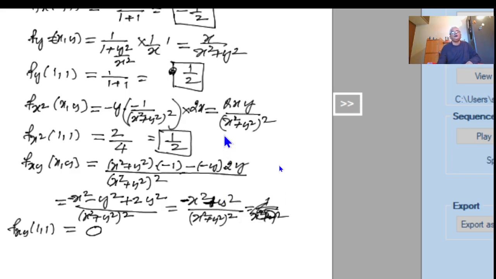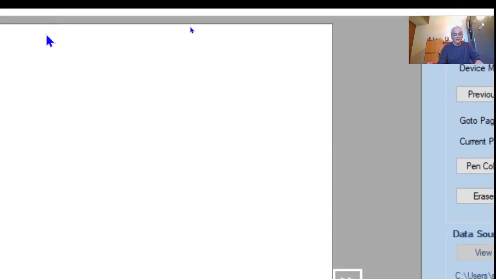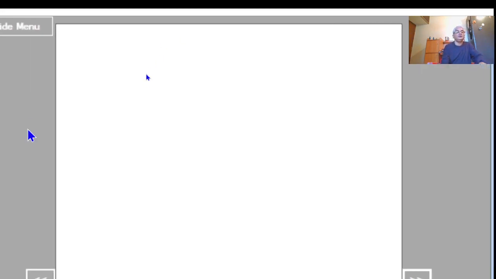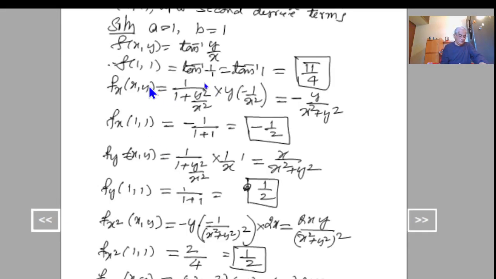Then we have to find fy square. Here we have fy equal to x by x square plus y square.